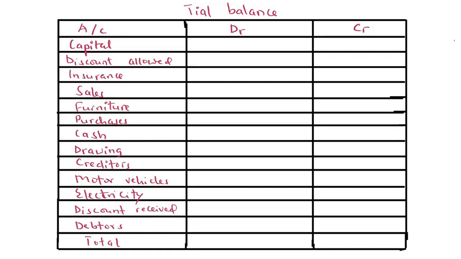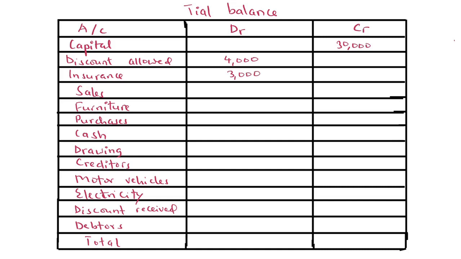Okay, so we start with the capital, which has the credit balance of 30,000. And next is the discount allowed, which has a debit balance of 4,000. The next one is insurance account with a debit balance of 3,000.